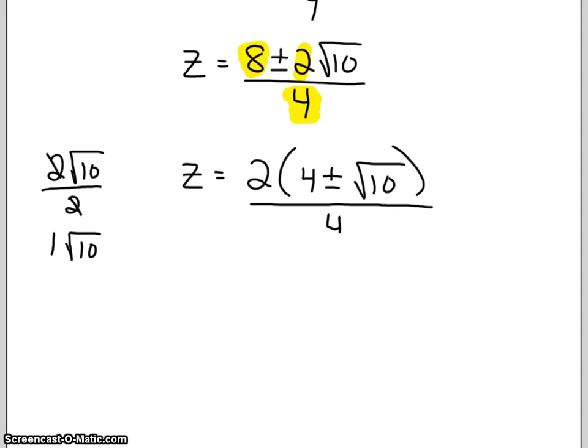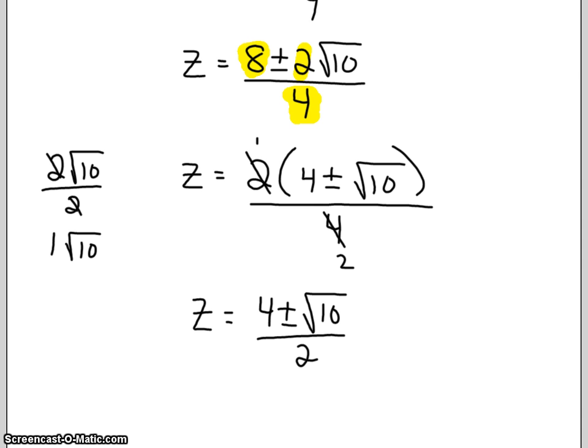And then over 4. Okay, now stop and think. If you multiply the 2 times the 4, you get the 8. The 2 times the radical 10, you get the 2 radical 10. So you get 8 plus or minus 2 radical 10. This is equal. Now we can cancel out common factors, and then 4 plus or minus radical 10 over 2.